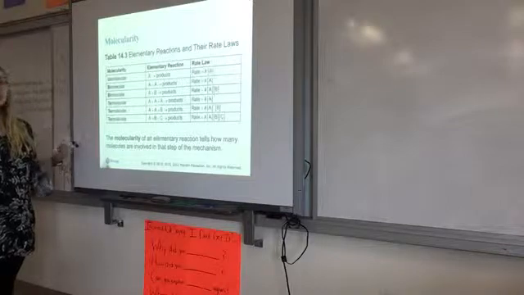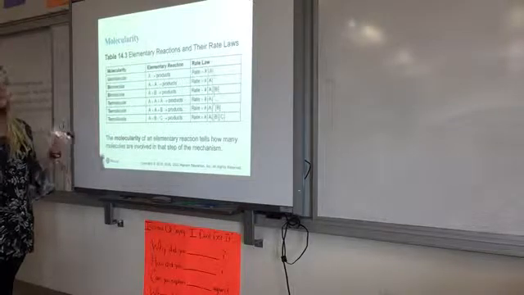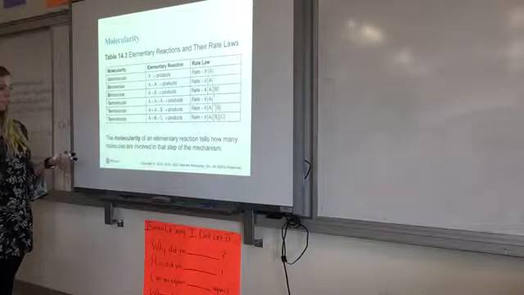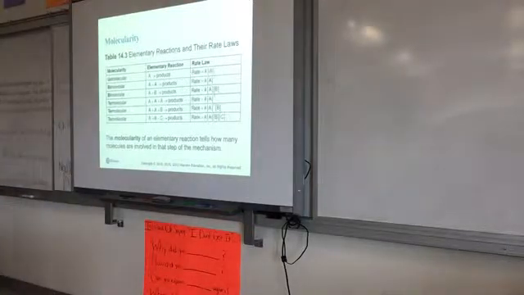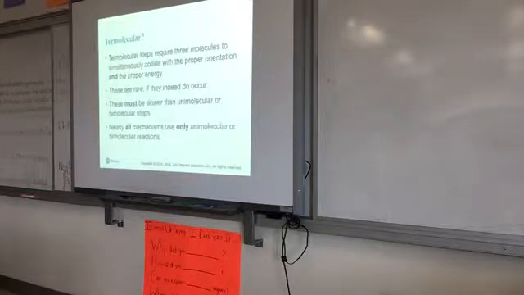So using the terms unimolecular, bimolecular, termolecular, it really just tells you how many molecules are involved in that part of the mechanism, in that elementary step, okay? Just a little note, termolecular equations are actually really rare, because if you think about it, that means that 3 molecules have to collide simultaneously in just the right way for the reaction to occur.